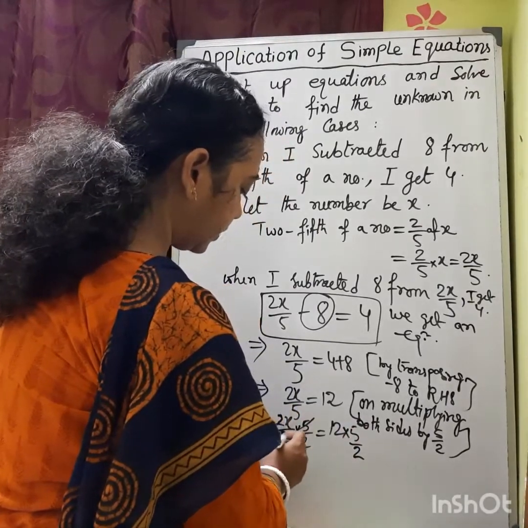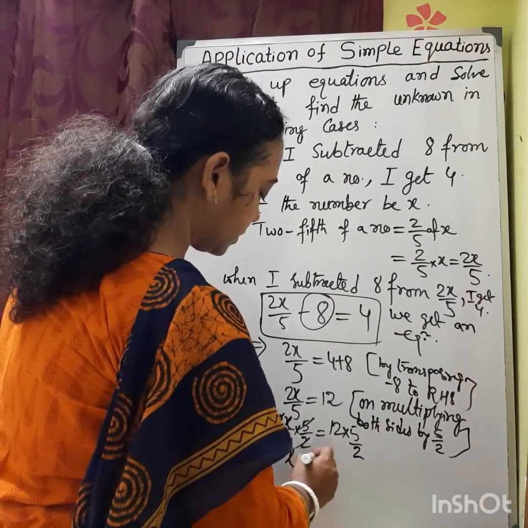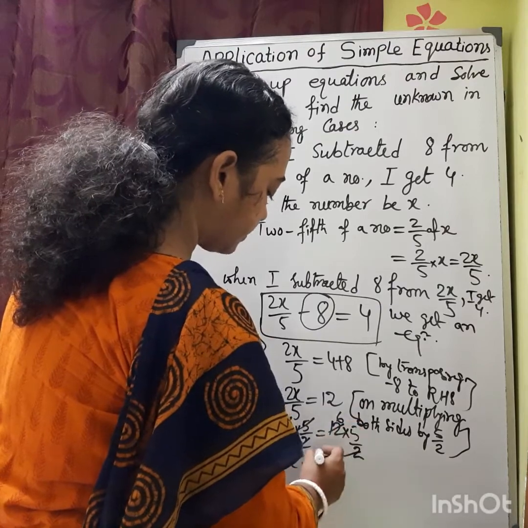So here 5 will cancel out. Also 2 will cancel out. This implies x is equal to, we know 2 6s are 12, so 6 5s are 30.